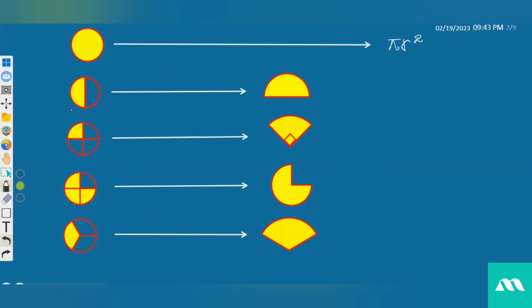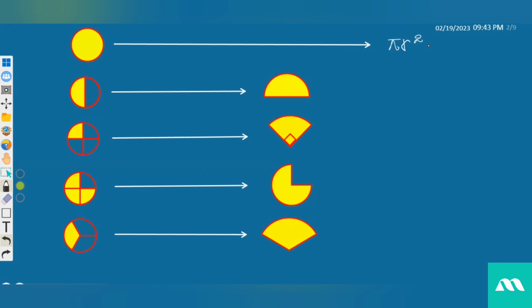Then if we want to know the area bounded by half of a circle, that means if we divide the circle into two equal parts and consider one part, then what is the area? We know the full circle, the area allocated by the full curved line, is pi r squared.